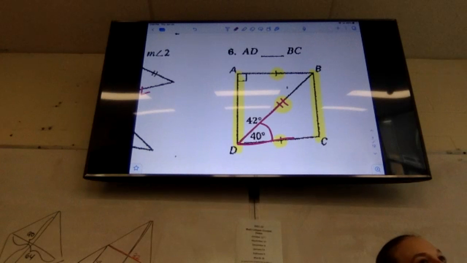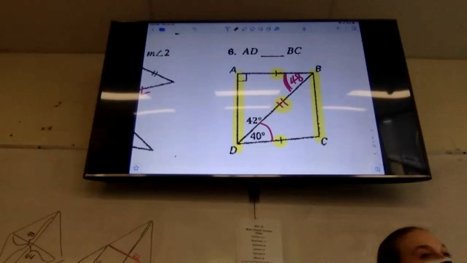That's my included angle. But if I go over to the other side, here's my side and here's my side. That's its included angle. What is that included angle? 48. Why, Lance? 90 is 42. Perfect. 48 plus 42 plus 90 equals 180. So that being said, which is bigger, AD or BC? AD.